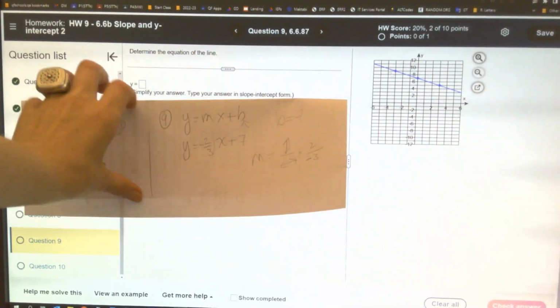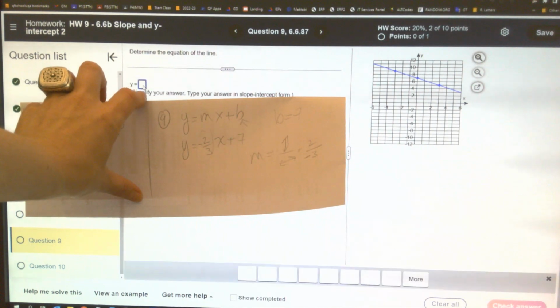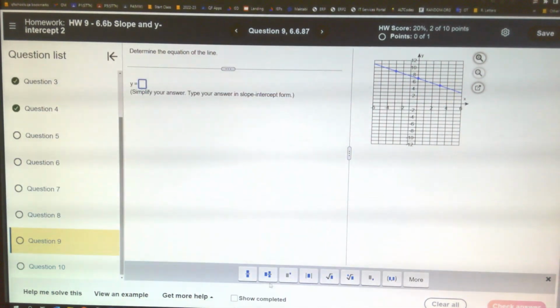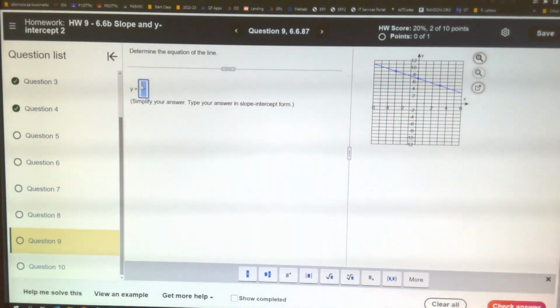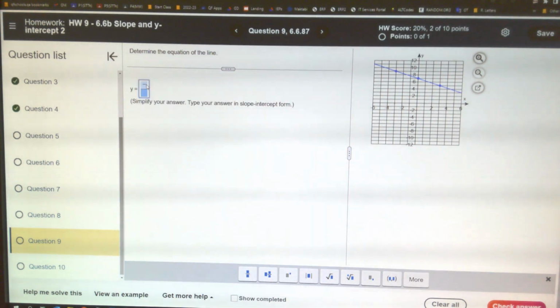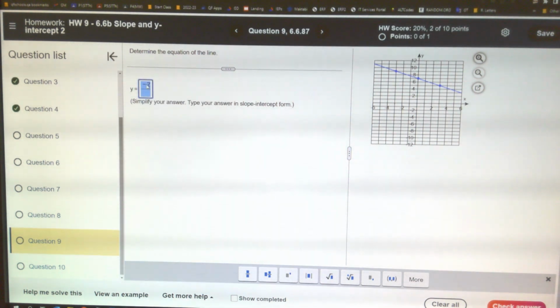So now I have to type it in here. I need a fraction. So I'm going to click down here to get my fraction. And I'm just going to stick my negative with the 2. Oops. Negative 2 over 3. And then I have to go over here.